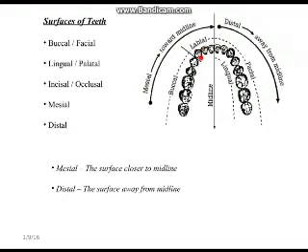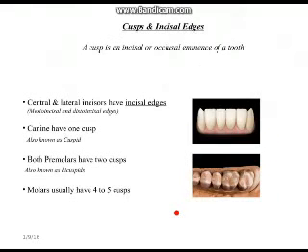Incisal and occlusal. Incisal is the incisal edges of the anterior teeth, and the occlusal surface for the posterior teeth. Mesial, towards the midline, this is mesial, and distal is away from the midline. Good? It is super fun to learn. This is the fun part, guys.